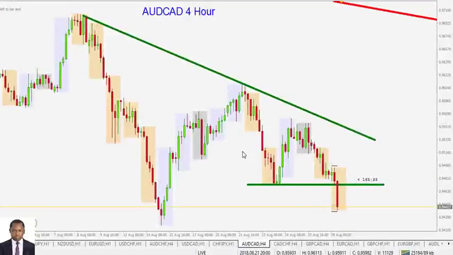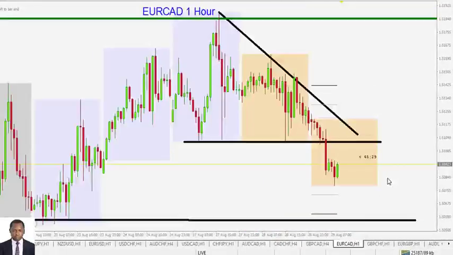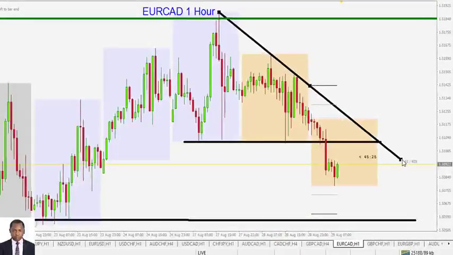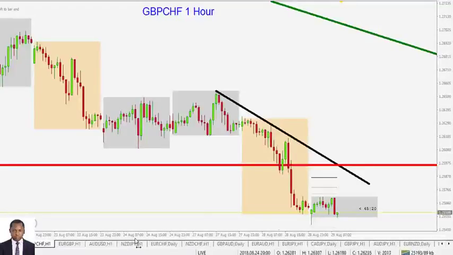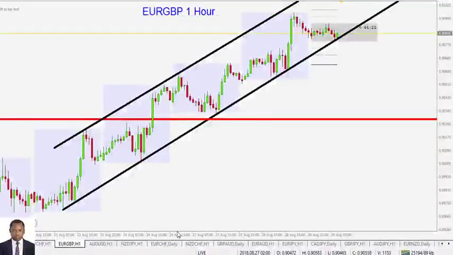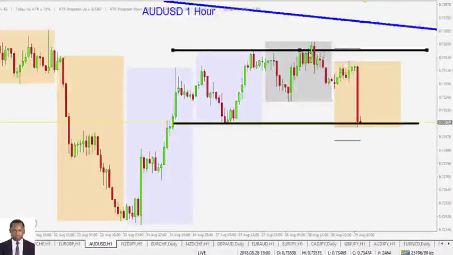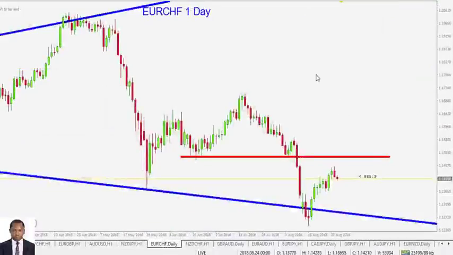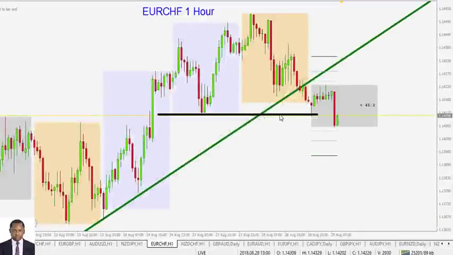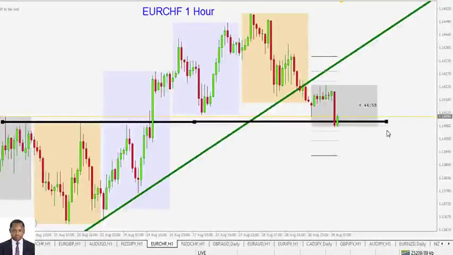Okay, Australian dollar weakness, but no fresh entry. Just scan through the pairs. Okay, nothing. There is something to trade. It doesn't take time to spot out. Alright, nothing. Euro against the Swiss franc, trading around support levels.